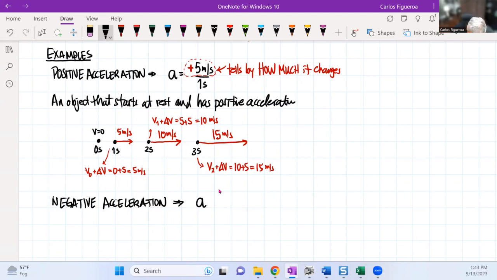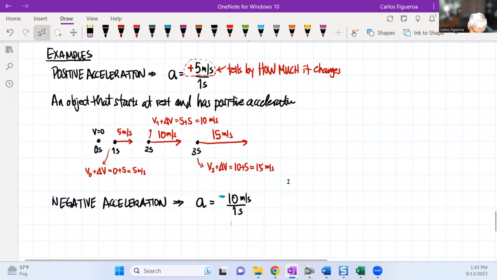So this acceleration in this situation, I'm going to say has a negative sign here. And here, I'll say that this is changing by 10 meters per second every 1 second.